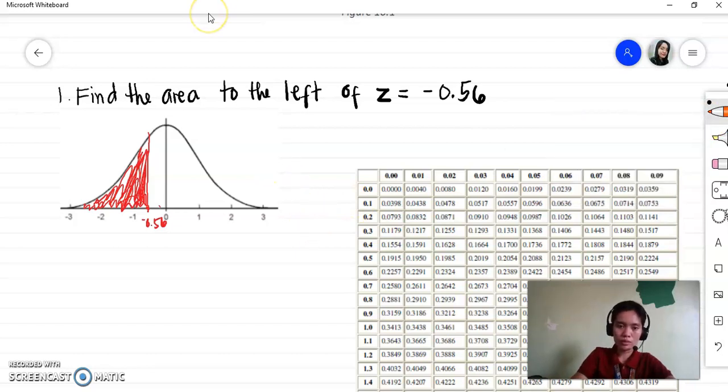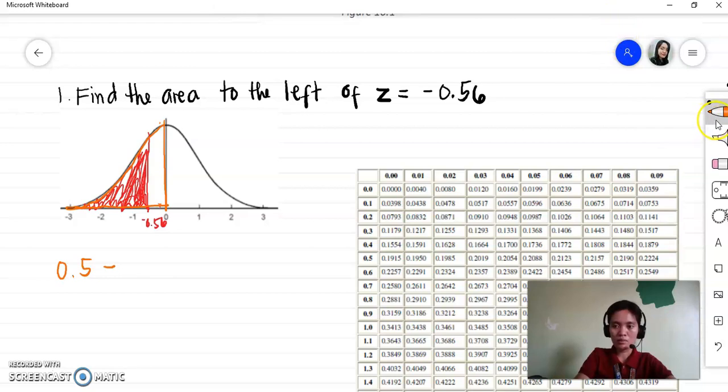To solve this one, you need to subtract 0.5, the one with the orange marker, minus this part here. That's the area from 0 to negative 0.56.